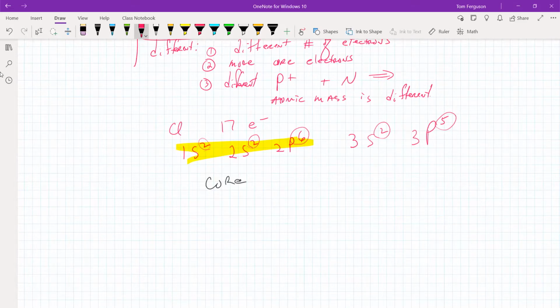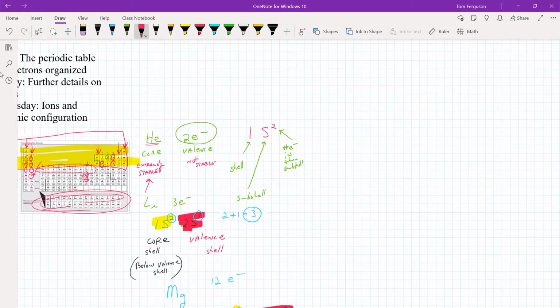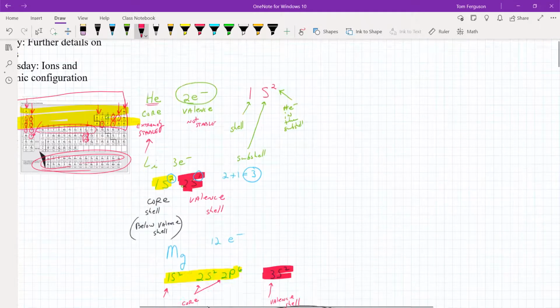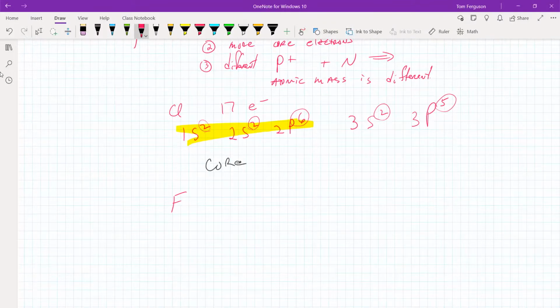Now, if we look at fluorine, above chlorine, it's got 1s2, 2s2, 2p5. Core, because it's less than the valence shell, so that would be core.